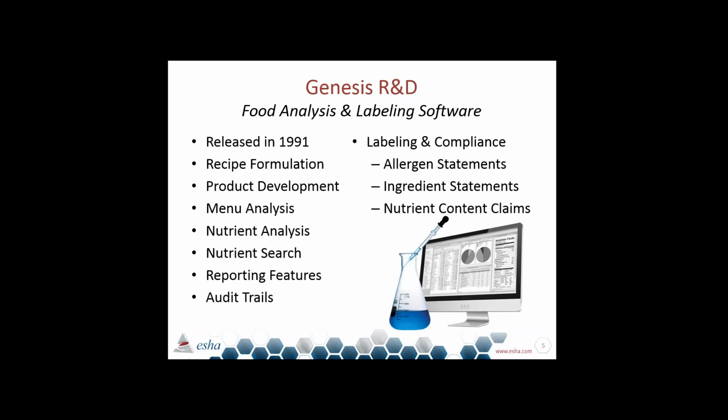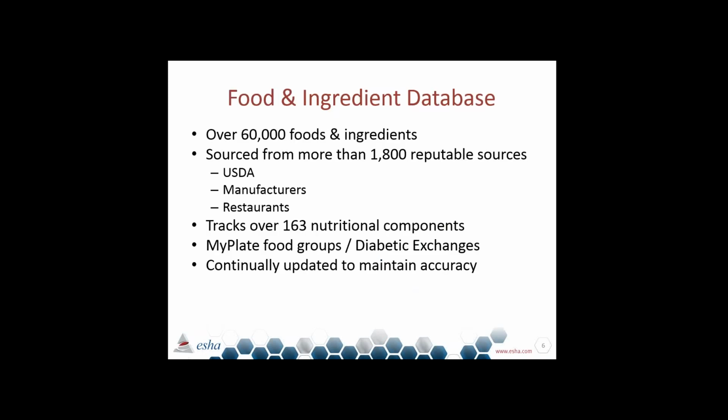I'll be demonstrating the current Genesis version today. If your features don't quite look the same, you may want to contact ESHA Sales and check on your account status. The updates for the software also include new items and changes to the ESHA ingredient database. We provide you with over 60,000 foods and ingredients, and you can also add as many new ingredients to your software as you need.